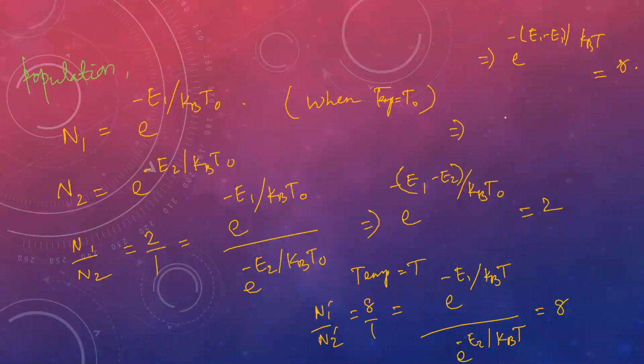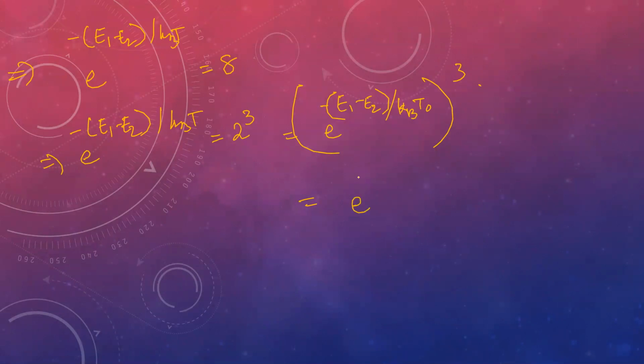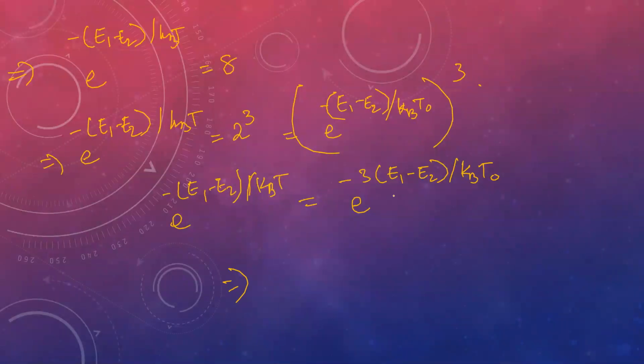So 8 is actually what? 2 cube. So 2 cube, that is e to the power minus (E1 minus E2) by KB T naught, whole cubed.